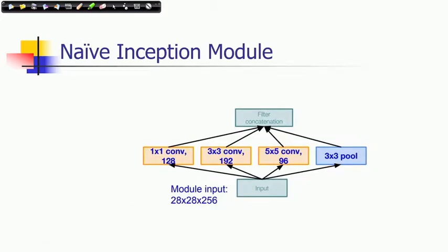Here it is shown that from the input there are filters of 1 cross 1. 1 cross 1 means it is filtering along the depth only, so your filter weights are along depth only.